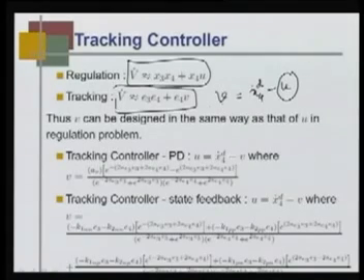So, v can be designed in the same way as u in the regulation problem. I will not go into detail because they have the same structure.